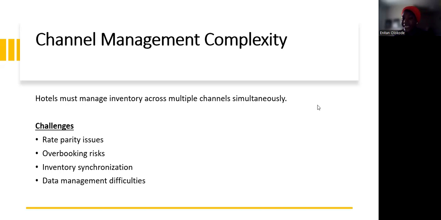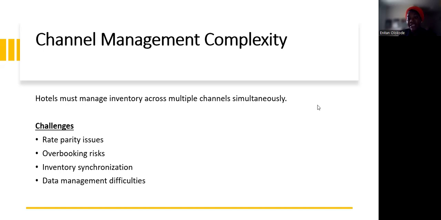Also, overbooking risk. If our inventory system has been tampered with or not accurately done, then we'll have the issue of overbooking. Also, we have inventory synchronization across all channels, which has been explained earlier. Then we have data management difficulties. Without an effective channel management system, there will be so many discrepancies between our booking platforms.